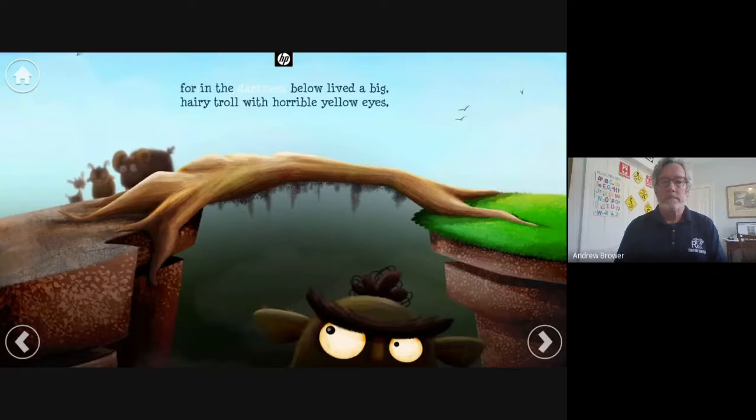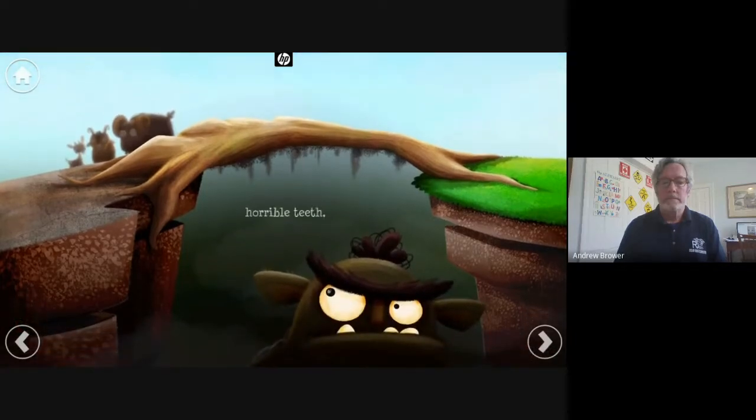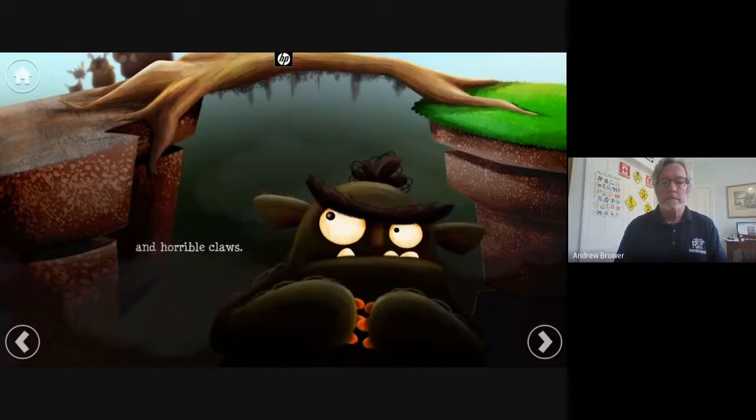For in the darkness below lived a big, hairy troll with horrible yellow eyes, horrible teeth, and horrible claws.